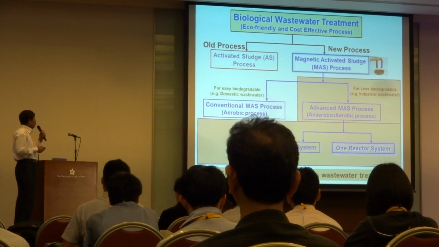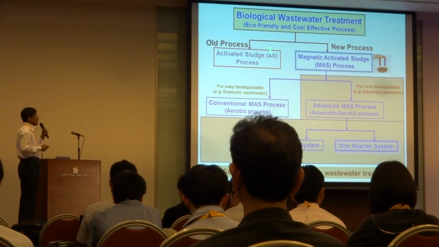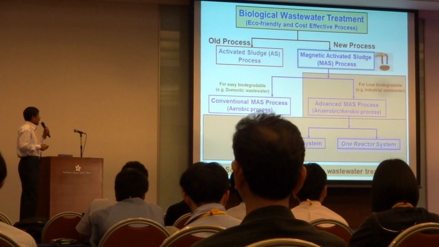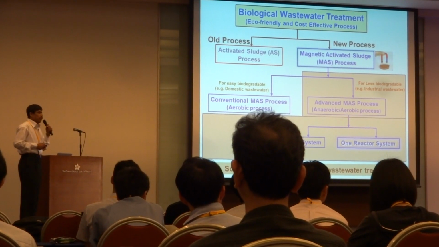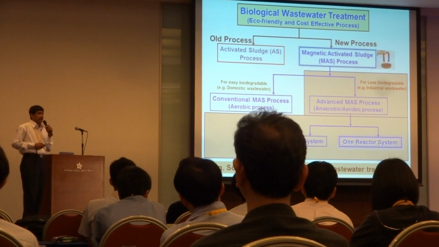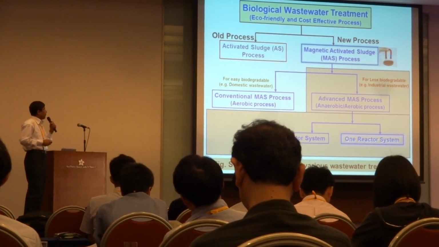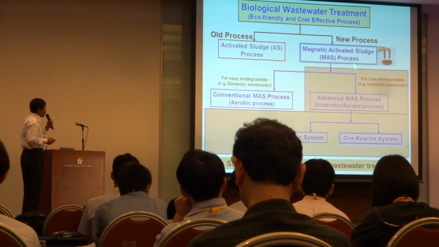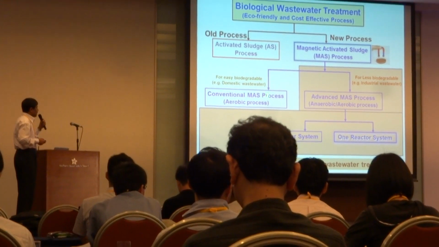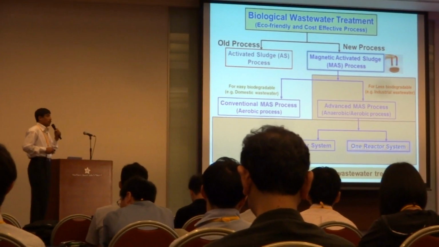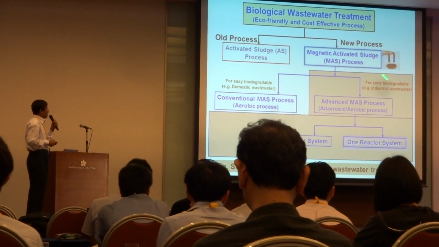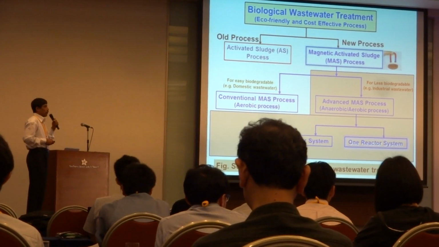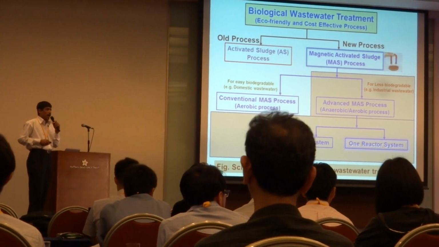The conventional process, we call it the activated sludge process. Our method, we call it the new process. It is simply a modification of the conventional activated sludge process. It has two parts: the conventional MAS process, especially for domestic wastewater, and the advanced MAS process for less biodegradable, or xenobiotic, compounds.